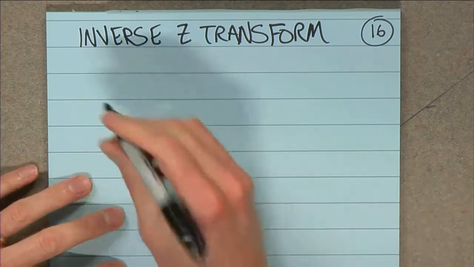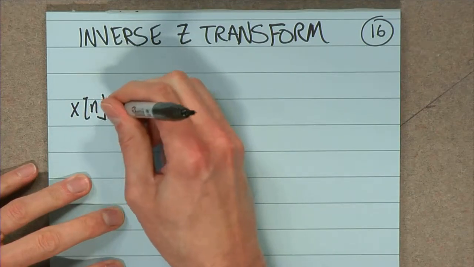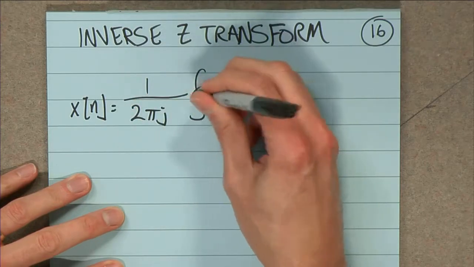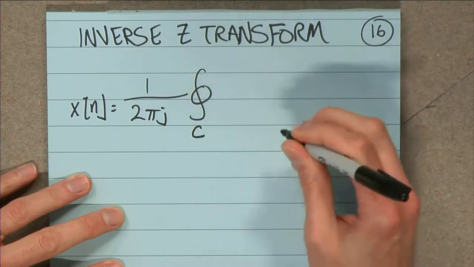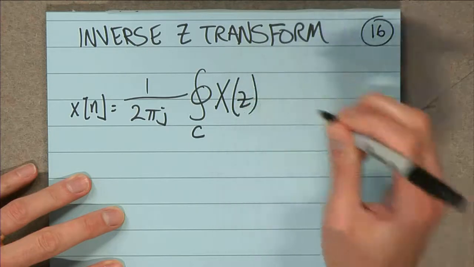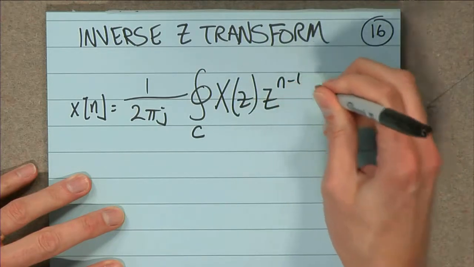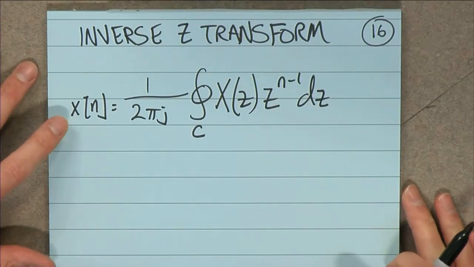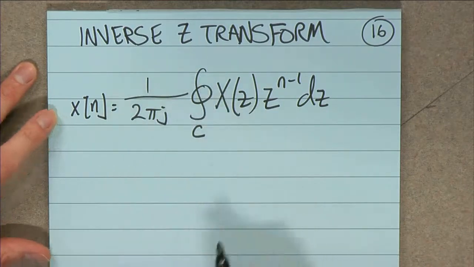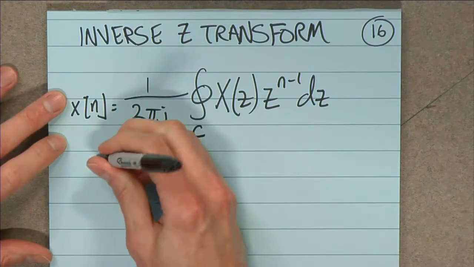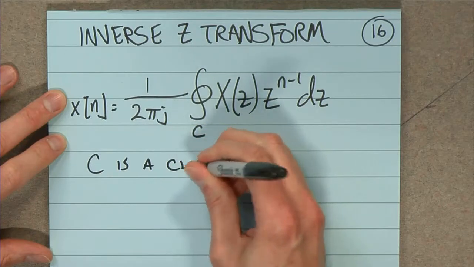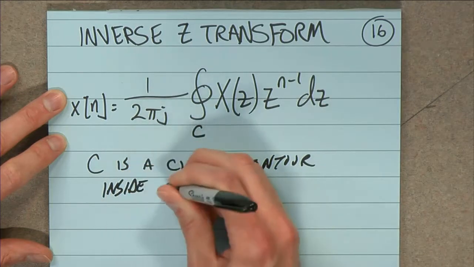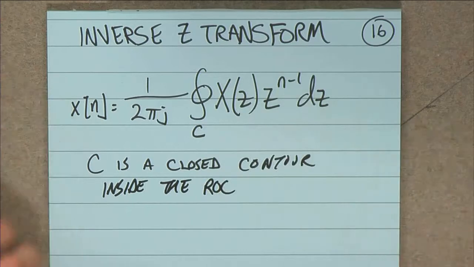And so one way to do it, that looks pretty fancy. And if you enjoy the study of complex variables, you might have seen this before. It's a complex contour integral, where this C is a closed contour inside the ROC, inside the region of convergence.